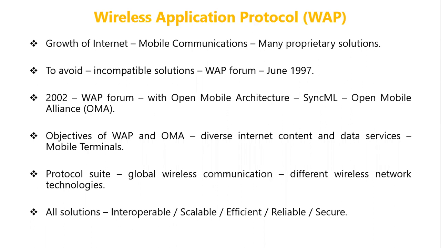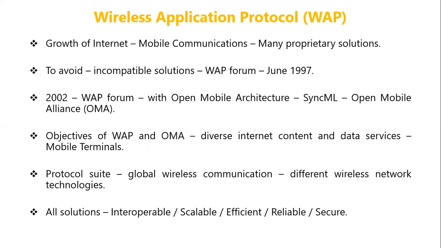That is called interoperable. The solution should also be scalable, in the sense that the protocols and services should scale with customer needs and number of customers. As the customer need and the number of customers increase, the protocols and services should scale.